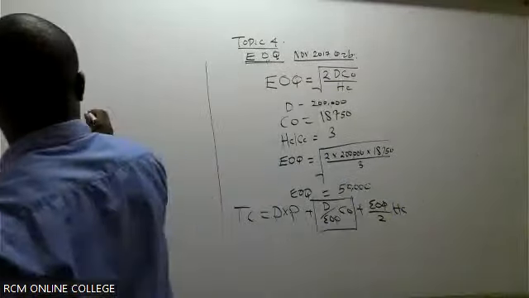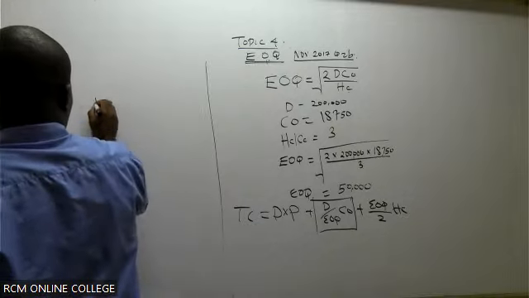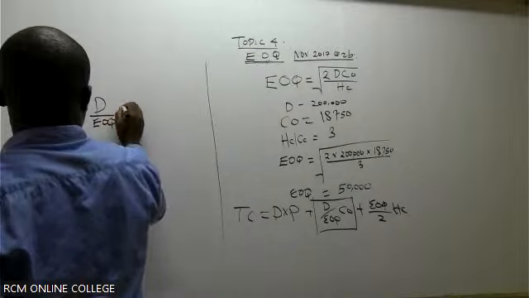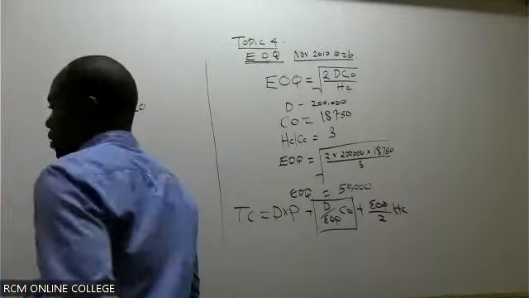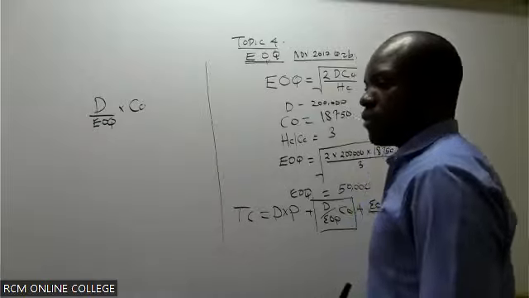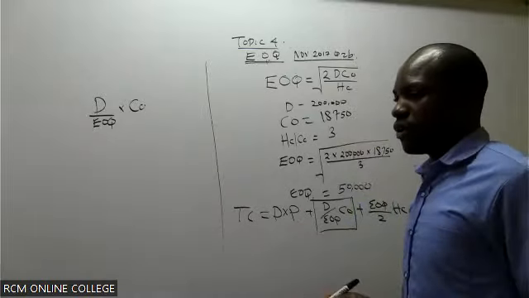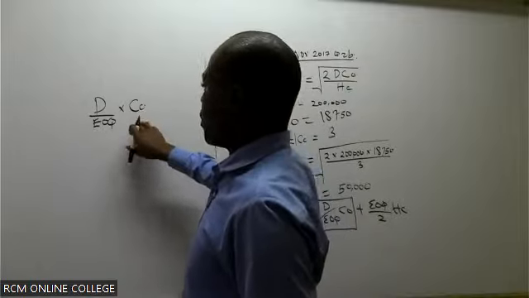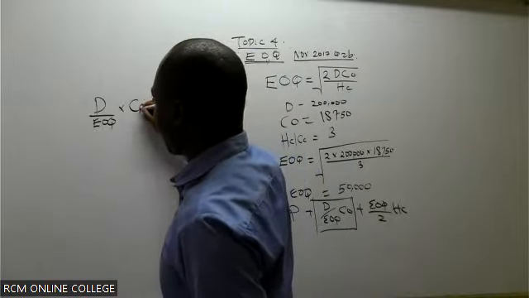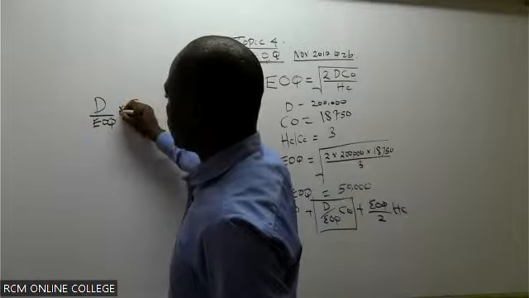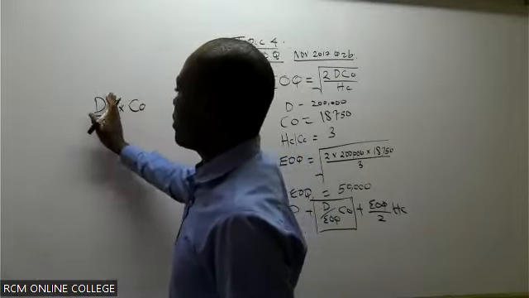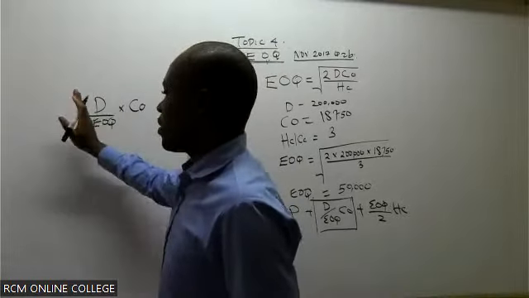Demand divided by economic order quantity. And you're able to see we are multiplying by ordering cost per order, not total ordering cost. Anytime we make an order, we are incurring this particular cost. So it means for us to get the total ordering cost, we are taking cost per order multiplying by the number of orders.